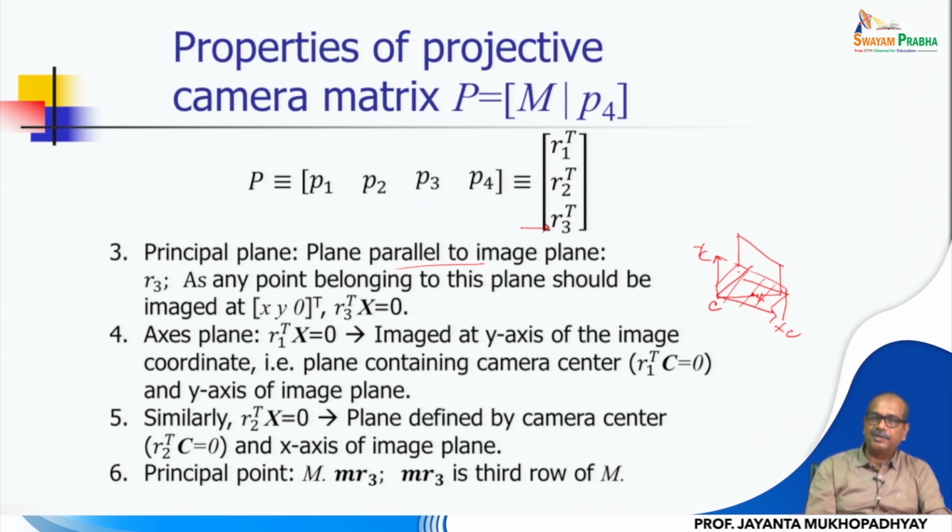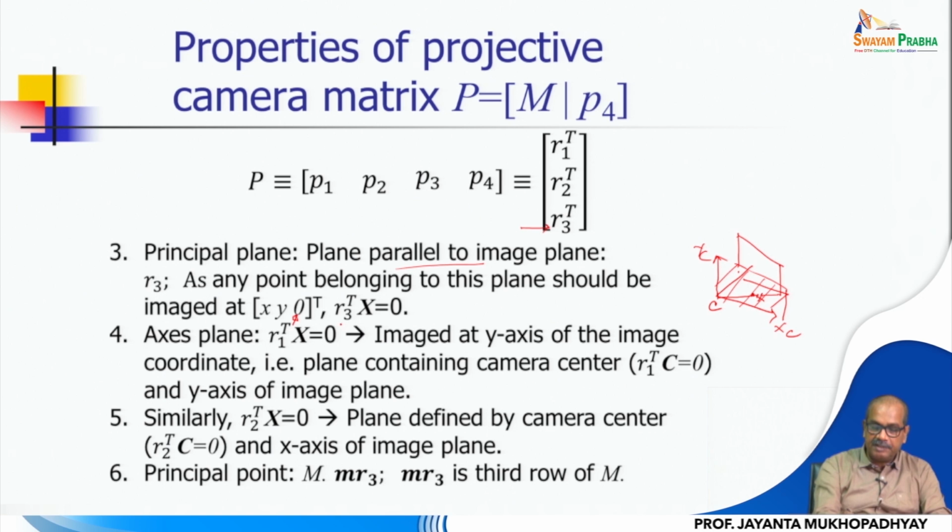What will happen is that the parallel rays in these directions intersect at an ideal point in a projective space. So that means the image of that point would be such that its third coordinate, that means the scale coordinate, should be equal to 0.